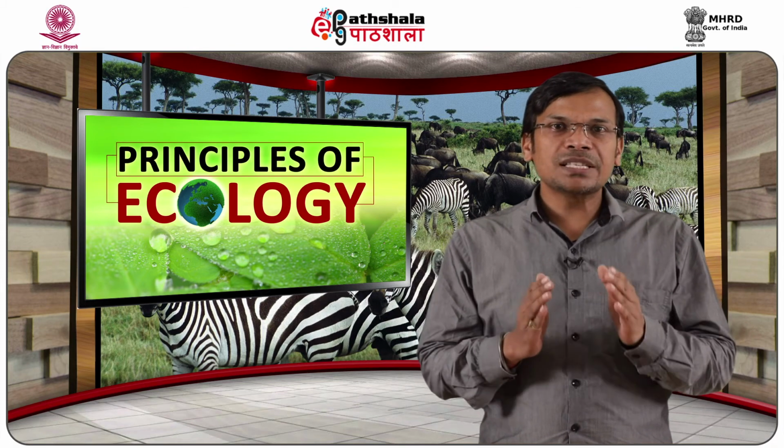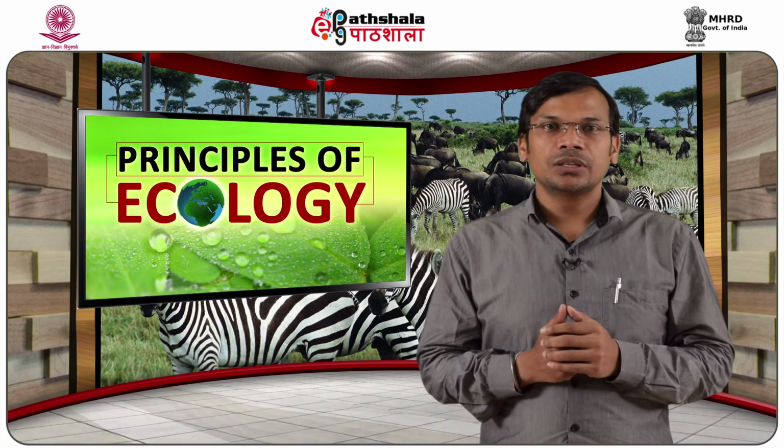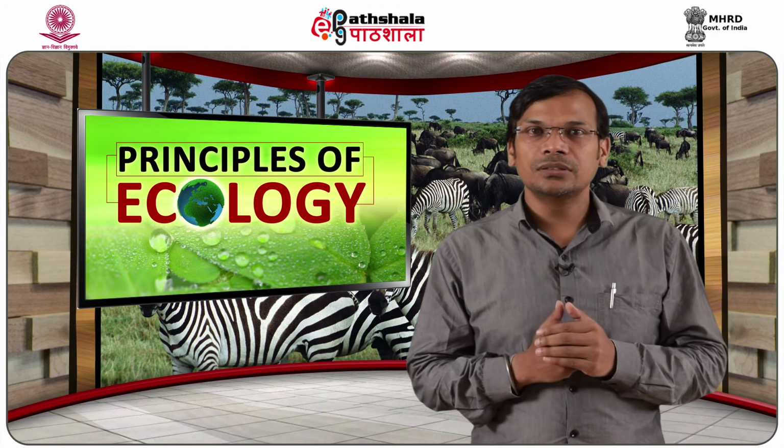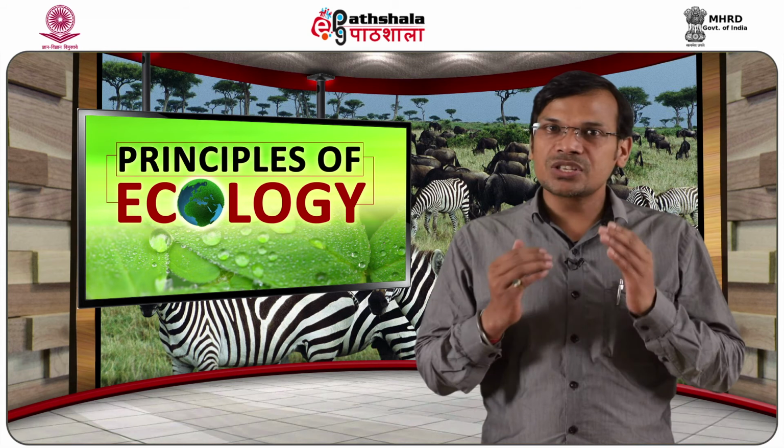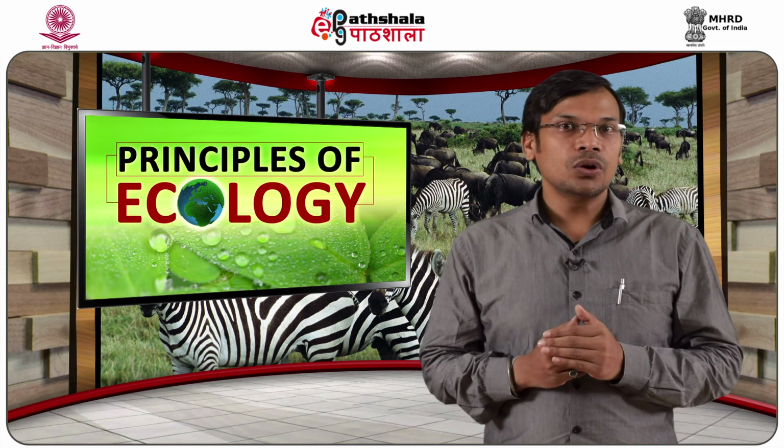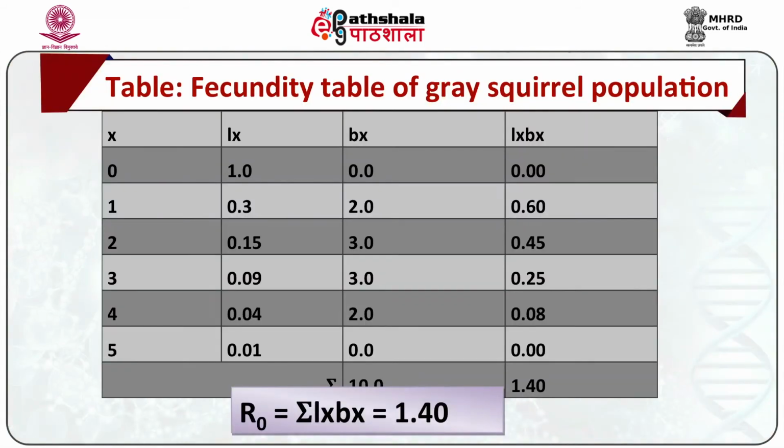The age specific birth rate of the grey squirrel population can be used for constructing a fecundity or fertility table. The fecundity table uses the survivorship column, that is lx, and the age specific birth rate, that is Bx, from the life table data.